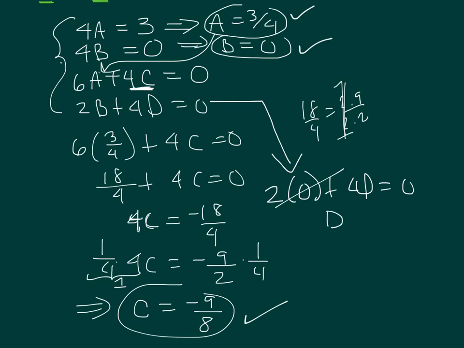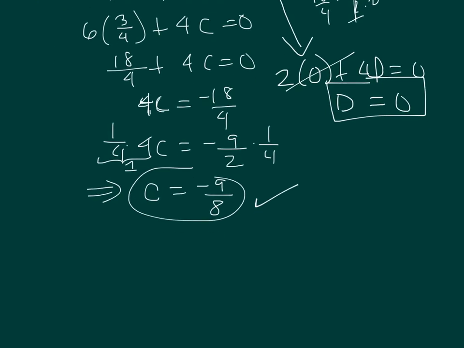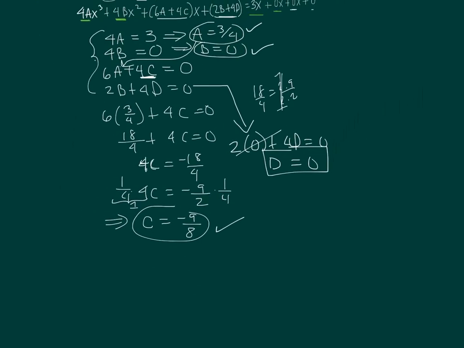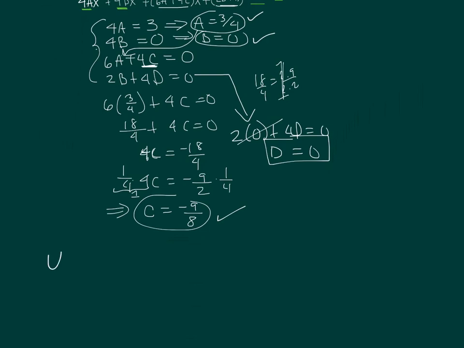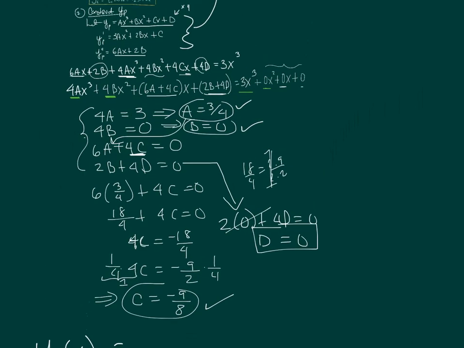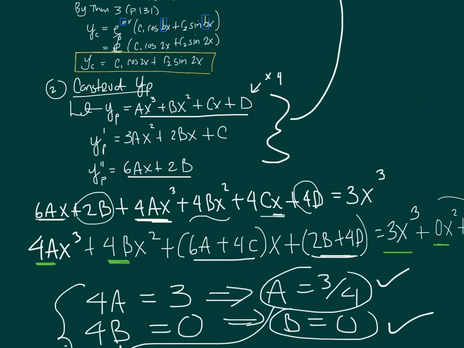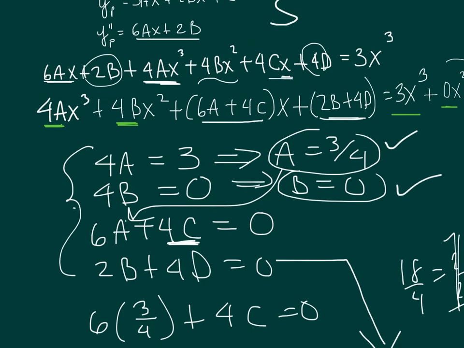So then d is definitely 0. Okay, so I found a, b, c, and d. So now we can rewrite our yp of x. Well, what did I call yp of x? My yp was right here: ax cubed plus bx squared plus cx plus d.